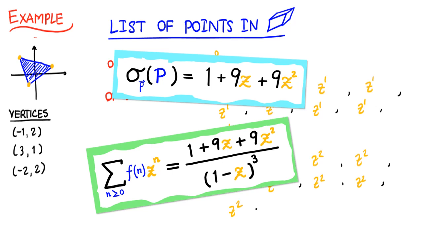Now that we know this exactly, we can actually compute the explicit formula for f of n. Again, this is just a standard computation if you are familiar with Taylor series stuff in calculus.